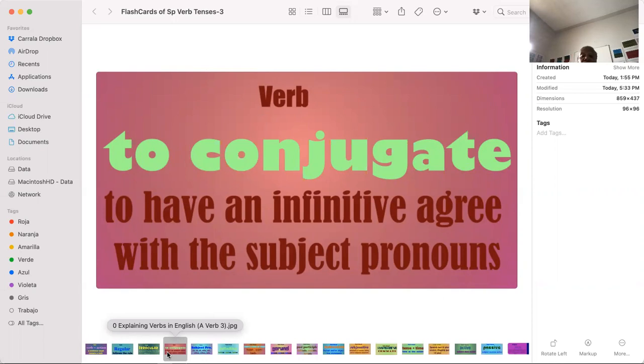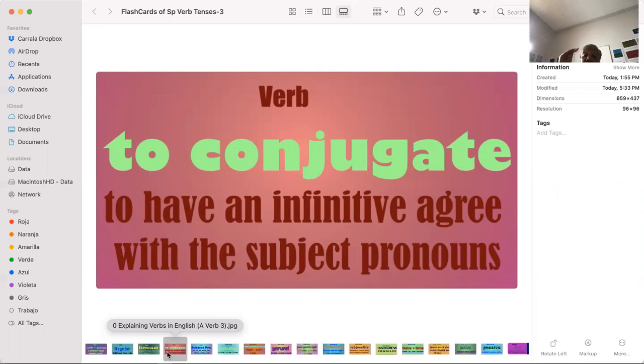Now, when you're going to conjugate the verb, the first thing you must do in English is remove that to. You're going to be working with the base or the simple form of the verb talk.